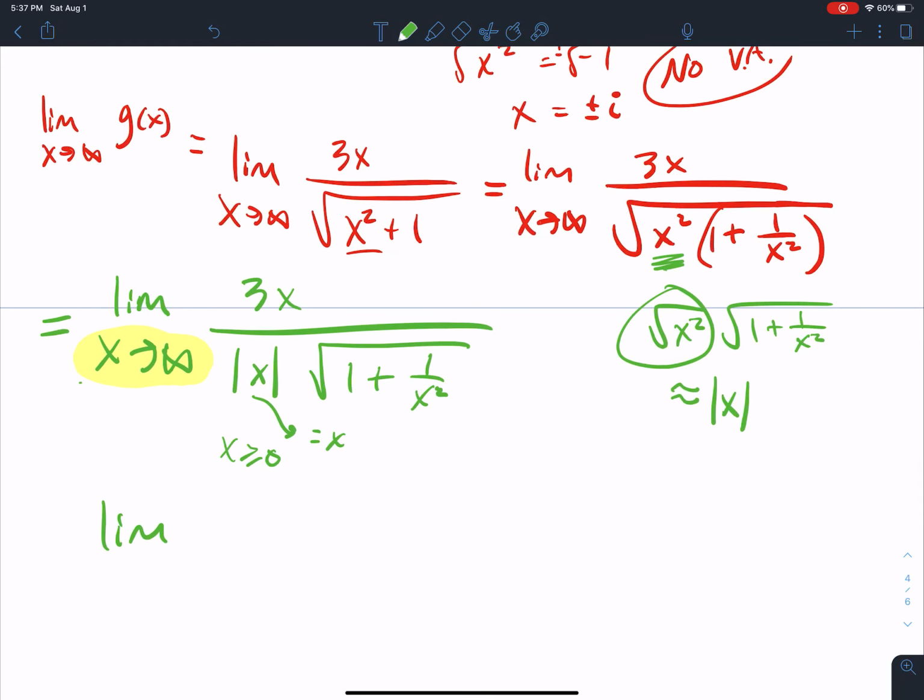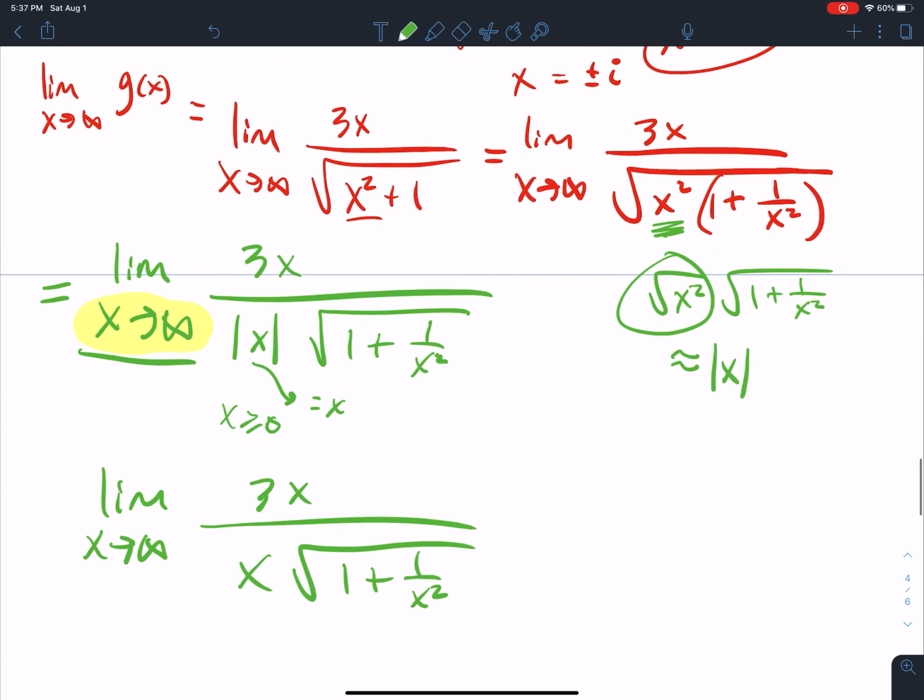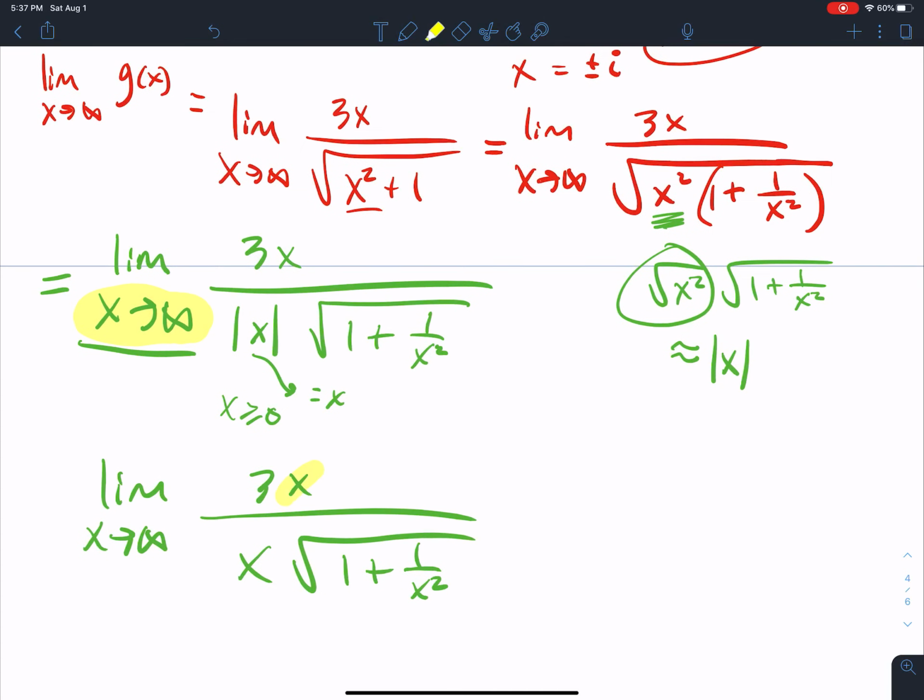So clearly I'm greater than or equal to 0 if I'm going to infinity. So I have 3x over x and then square root 1 plus 1 over x squared. And the x's cancel. And so this gets me the limit as x goes to infinity of 3 over the square root of 1 plus 1 over x squared.